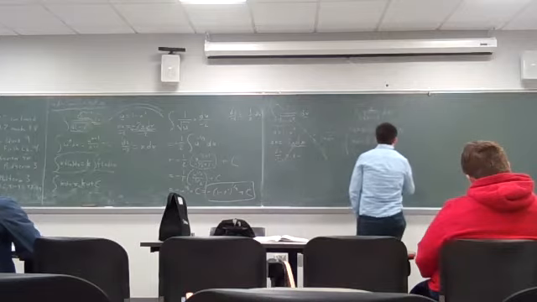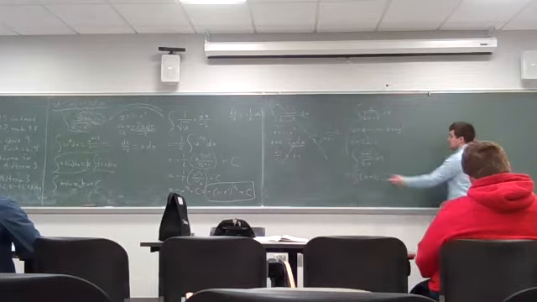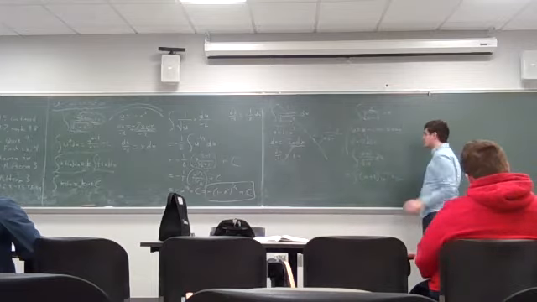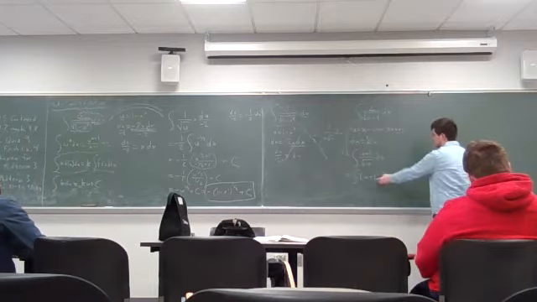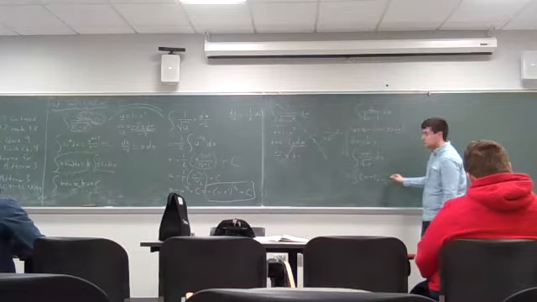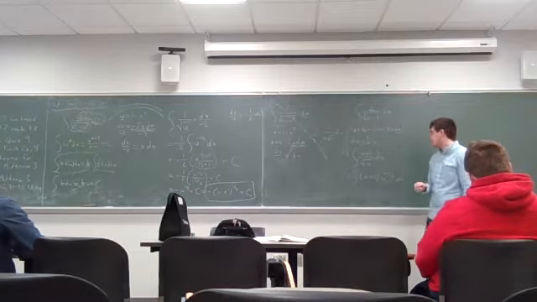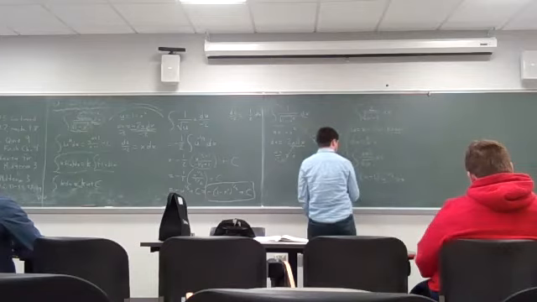Similar to over there, I can pull this up. Can I take this u to the negative 1/2 and multiply it with each of these terms? What do I get when I do that?